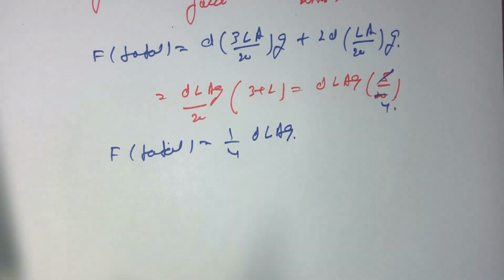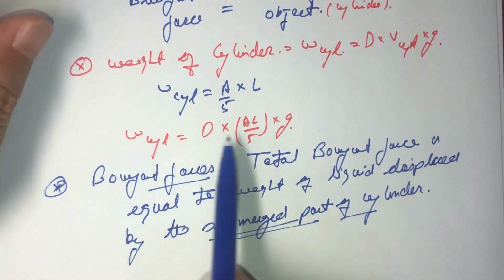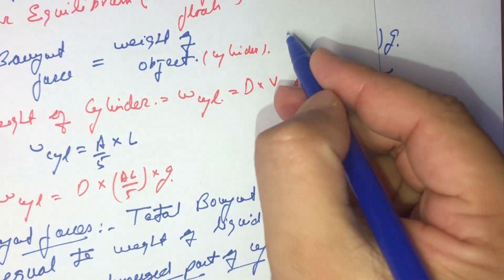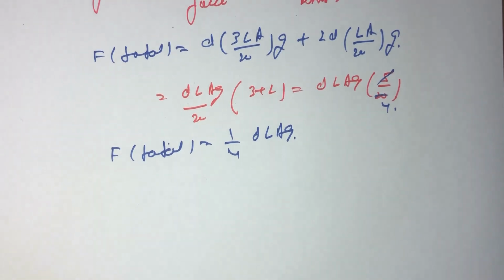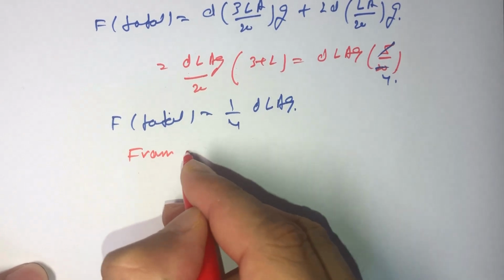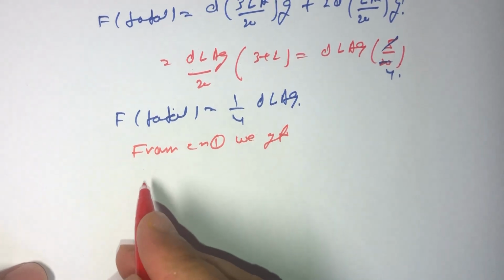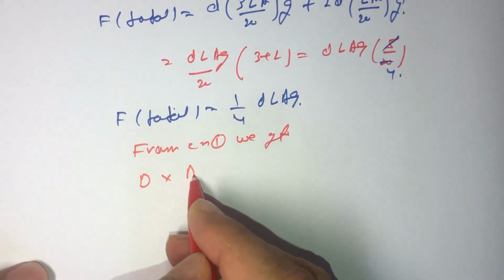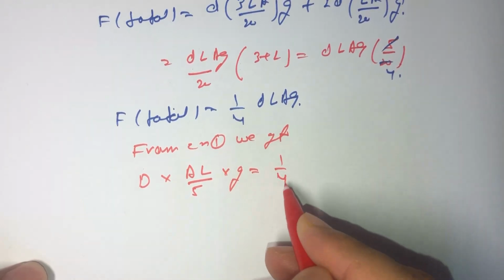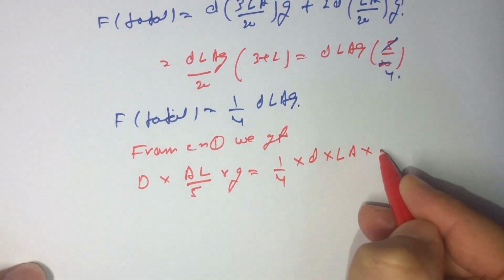Now we know that the buoyant force will be equal to the weight of the object, that is the cylinder. We know the weight of the cylinder and we know the total buoyant force, so we are going to equate them. Let this be equation number 1. From equation 1 we get DAL/5 multiplied by g is equal to 1/4 dLA multiplied by g.